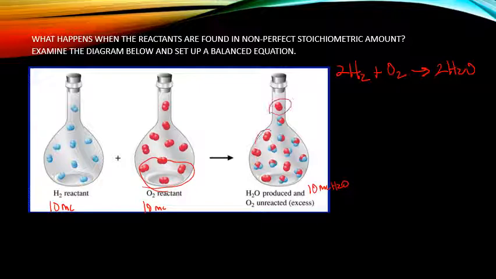So if we count those, 1, 2, 3, 4, 5, we have 5 molecules of O2 that are left unreacted. The reason why they're unreacted, there's no more hydrogen gas to use.